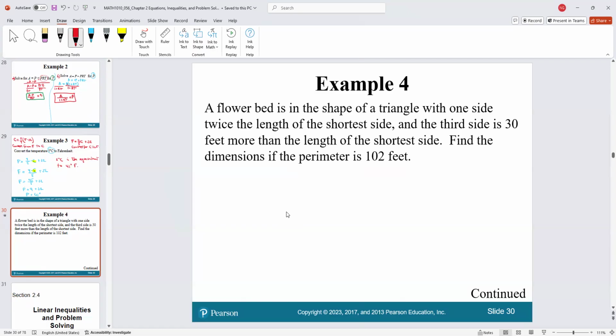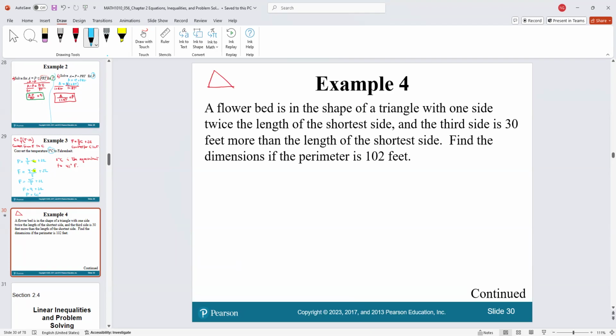A flower bed is in the shape of a triangle with one side twice the length of the shortest side, and the third side is 30 feet more than the length of the shortest side. Find the dimensions if the perimeter is 102 feet.